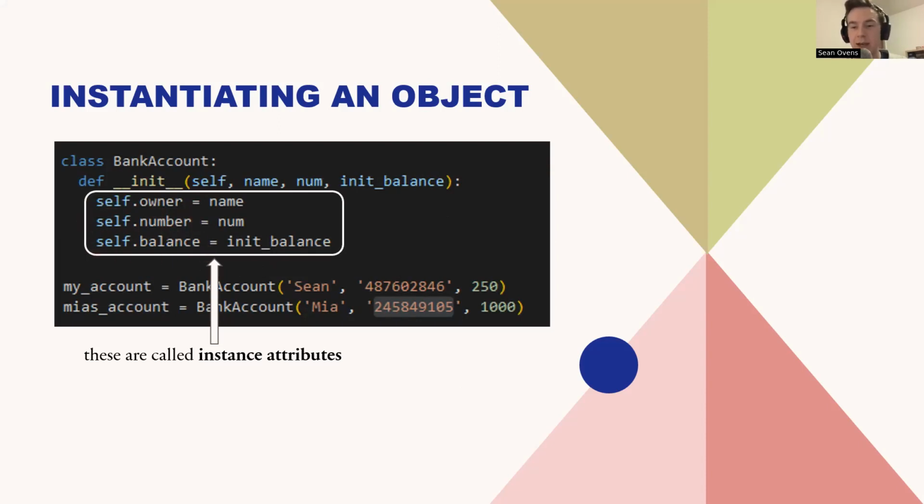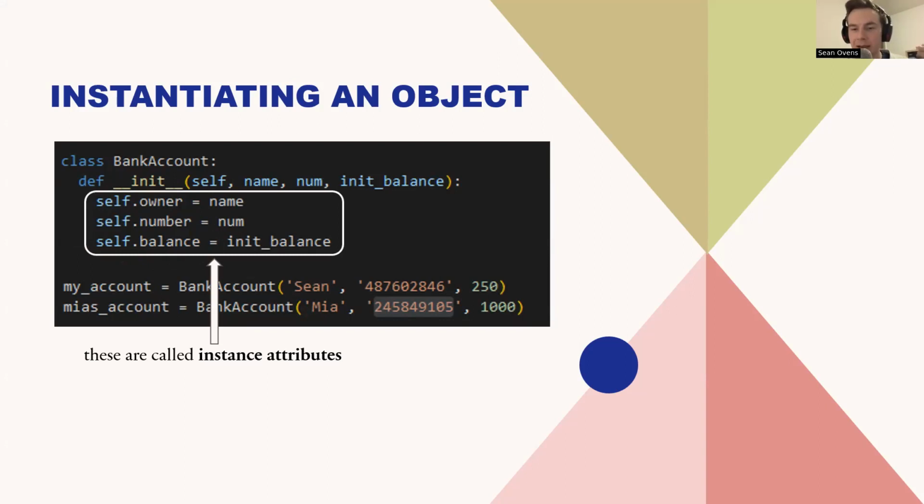So instance attributes are just the pieces of information that describe a specific object of our data type. And to assign values to an instance attribute called x, for example, we would use self.x. Okay, so these attributes that begin with self dot are all called instance attributes.